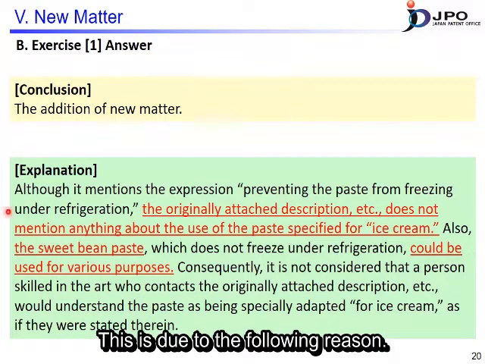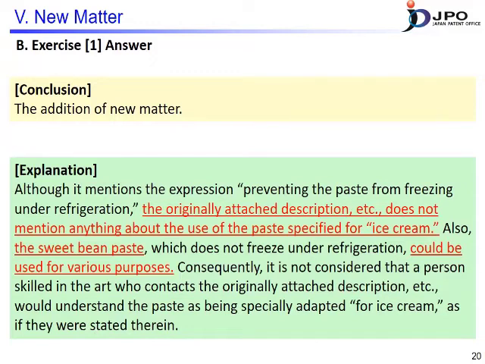Because this is the reason. Although it mentions the expression preventing the paste from freezing under refrigeration, the originally attached description, etc., does not mention anything about the use of the paste specified for ice cream.